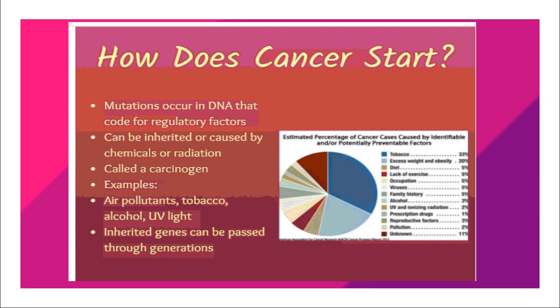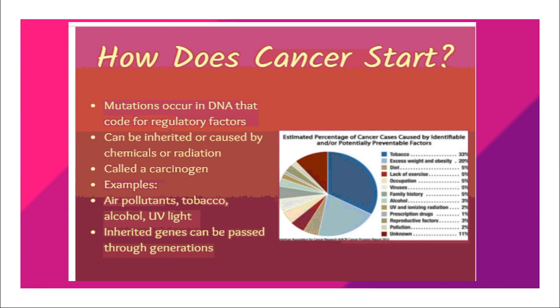The mutations can sometimes be inherited, passed down genetically, but not always. Sometimes they are not inherited at all, but can be caused by things in the environment, such as exposure to radiation, or exposure to certain cancer-causing chemicals, which we call carcinogens.